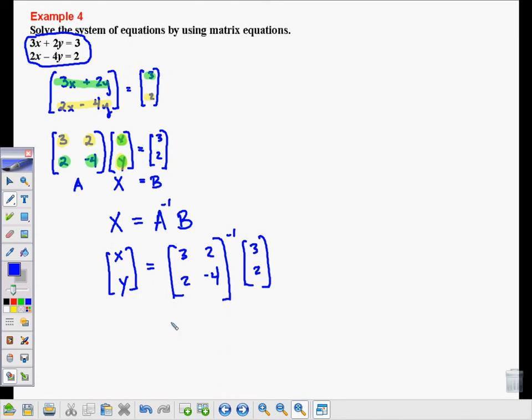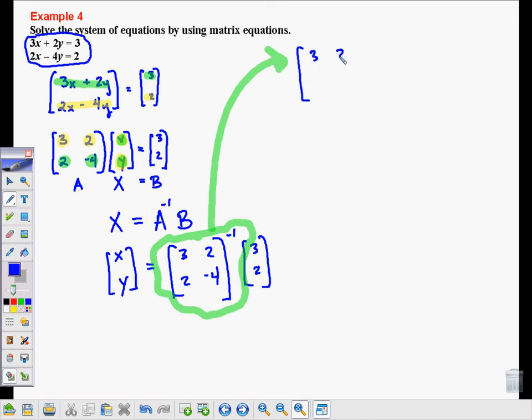So what we're going to do is now I need to find the inverse of this. I need to figure out what this is so I can do the multiplication. So I'm going to figure that out right up here. The inverse of 3, 2, 2, negative 4 is equal to 1 over the determinant.